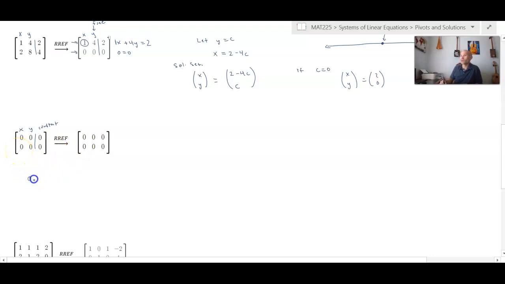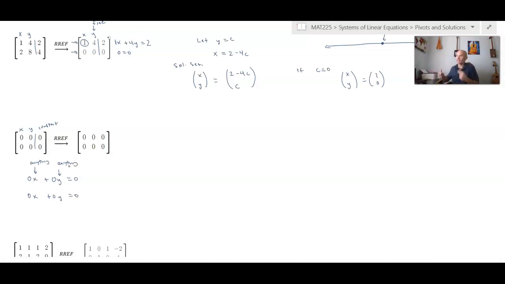Well, if I asked you what values could I plug in for x and y to make these two equations true, I hope we would say that you can plug in anything that you want, right? Anything can go in for x, because no matter what x is, 0 times it will be 0. Similarly, 0 times anything will be 0, and when you add two zeros together, you're still going to get 0.